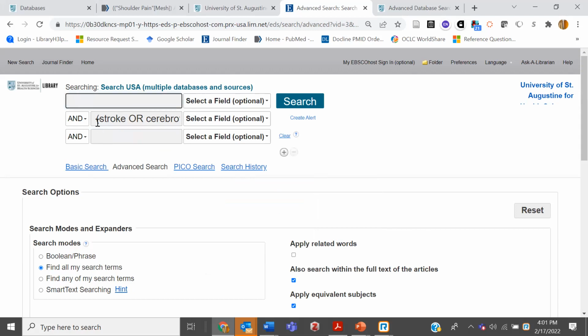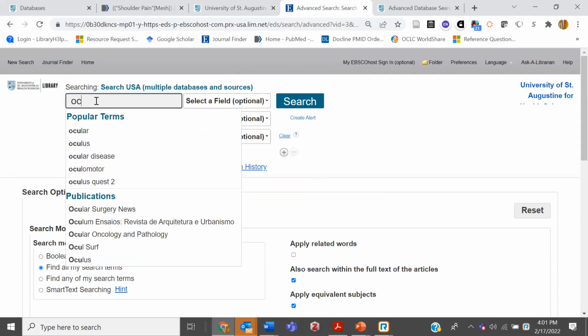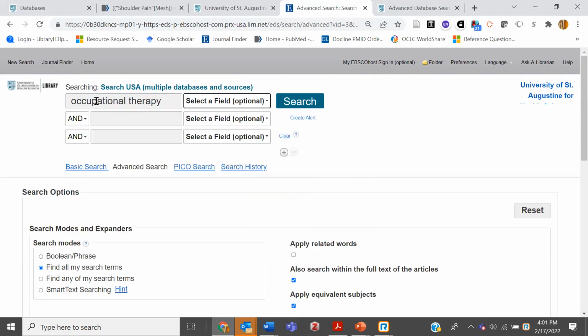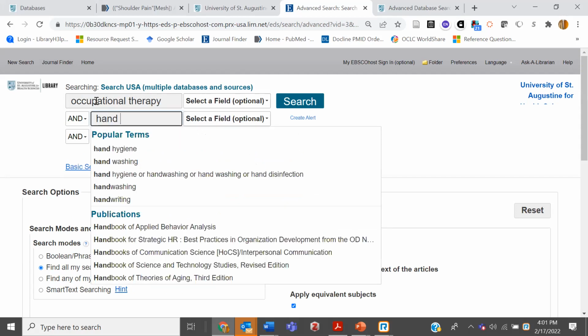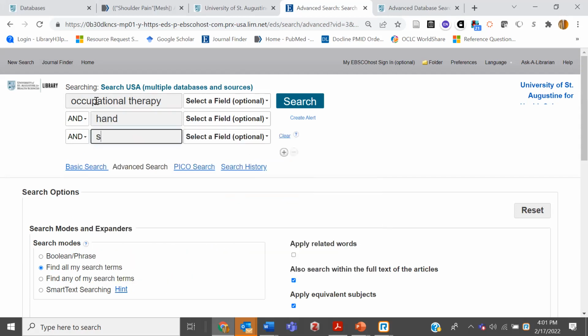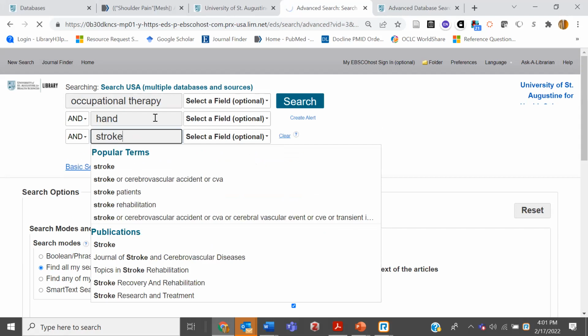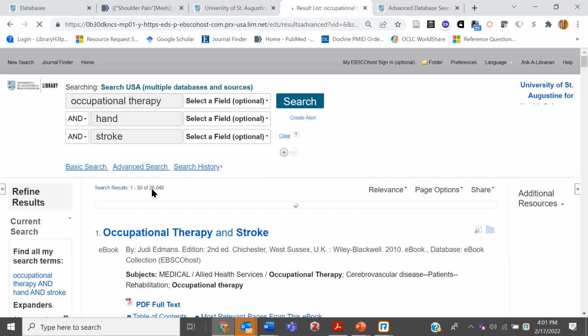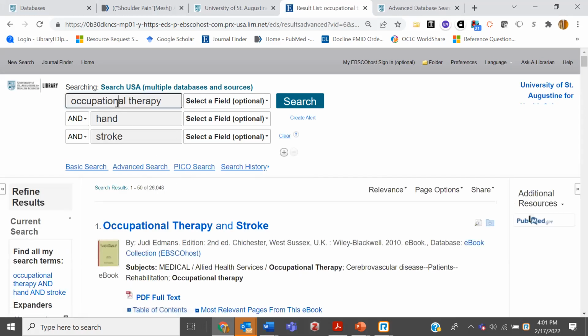Just to give you a view of what that looks like in terms of actual results, let's say we did occupational therapy. See what kind of results we get with that. 26,000.